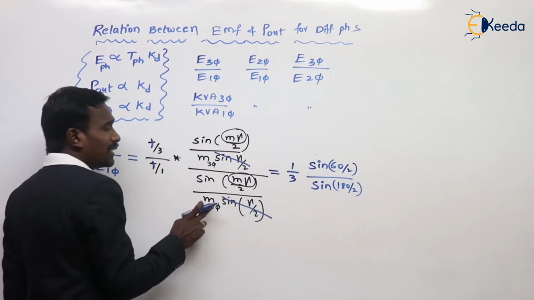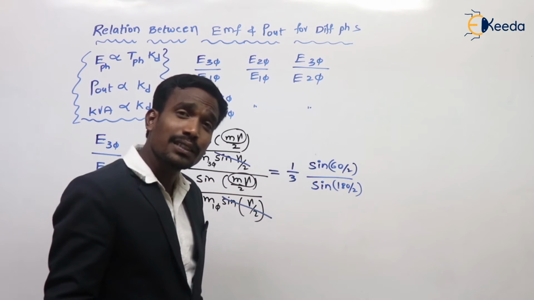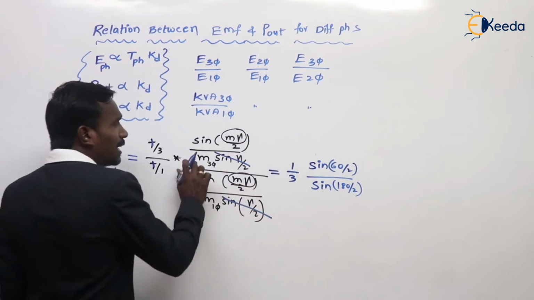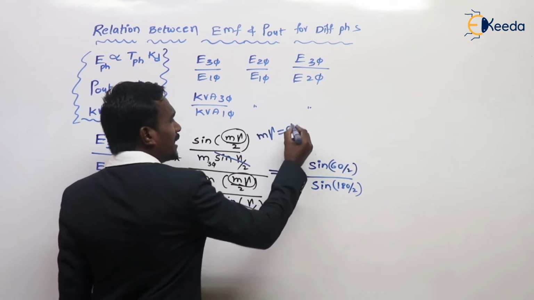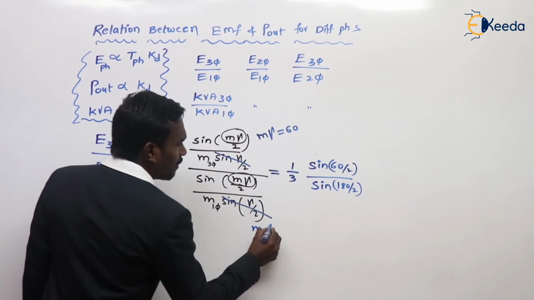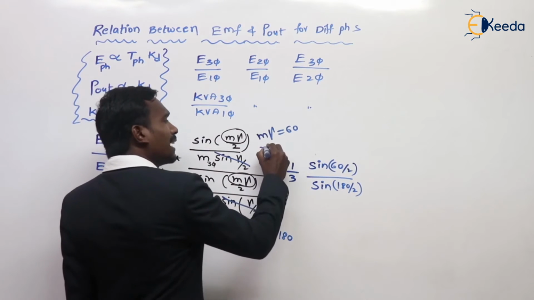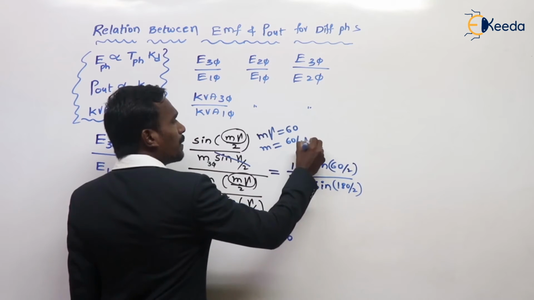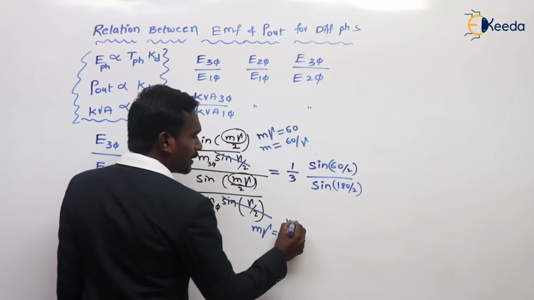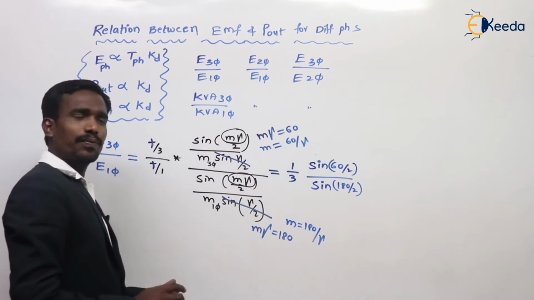But there are m three phase and m single phase. Here mγ is equal to 60 degrees and here mγ is equal to 180 degrees. Then what is m here? Here m is equal to 60 upon γ, and here m is equal to 180 upon γ.